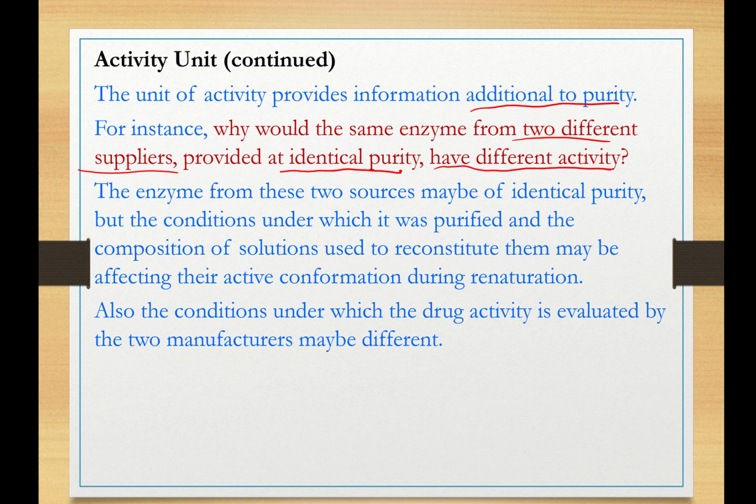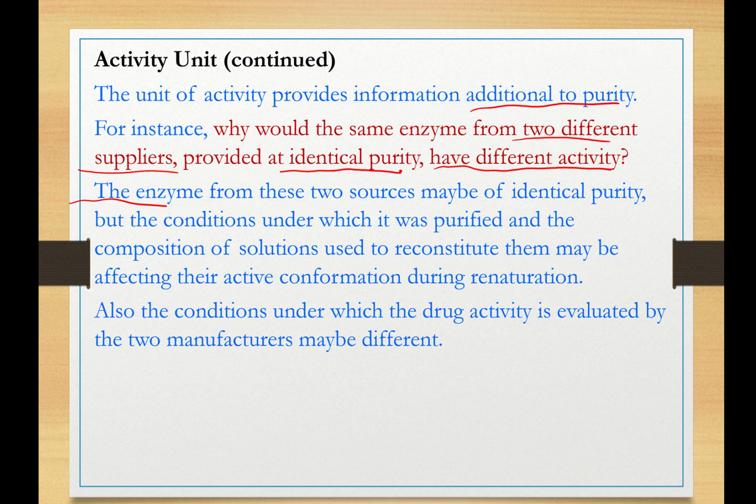Why is that? Well, there could be two reasons. The first one is that the enzyme from these two sources may be of identical purity, but the conditions under which it was purified and the composition of solutions used to reconstitute them may be affecting their active conformation during the renaturation process.